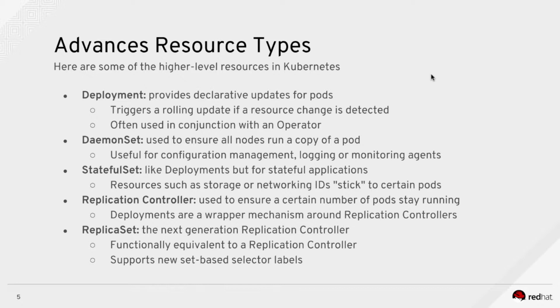So if you have things like configuration management agents, Puppet, logging agents such as FluentD, or monitoring agents, this is useful for that. Stateful sets, similar to deployments still, building on that, but these are for resources such as storage or networking IDs to make those stick to pods.